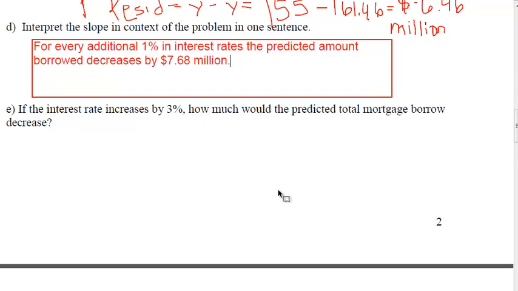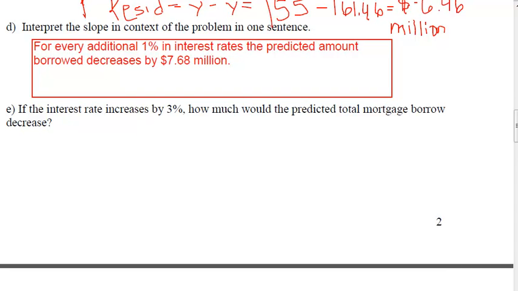All right, so the last one is saying if the interest rate increases by 3%, how much would the predicted total mortgage borrowed decrease? And this one causes trouble for students as well, because I'm not asking you to make a prediction for 3%. I'm just saying if it increases by 3%.